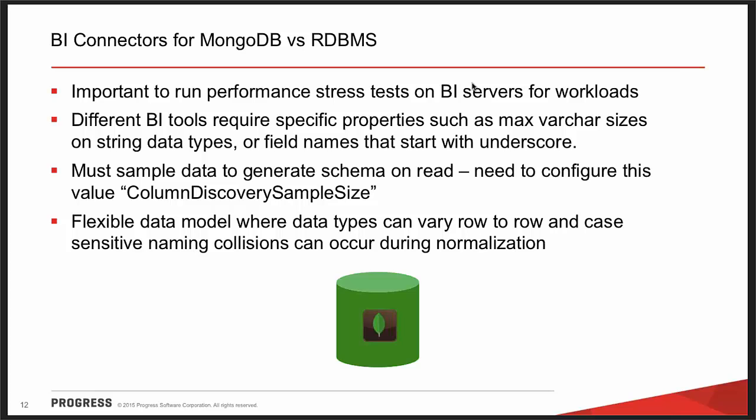And you also want to consider that there's a flexible data model. Data types can vary from row to row. That's different from a relational database, where a lot of that is enforced at the database level. With MongoDB, the developers can enforce that in their own code and application. So those are some of the differences at a very high level between consuming MongoDB versus a relational database for BI.